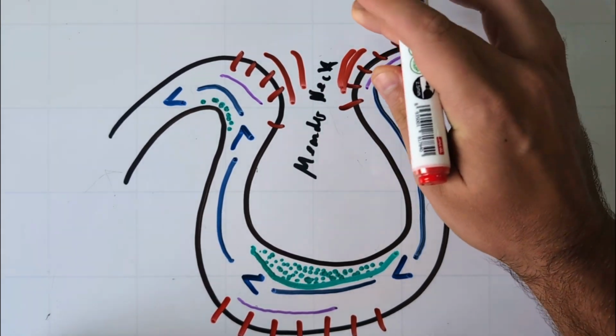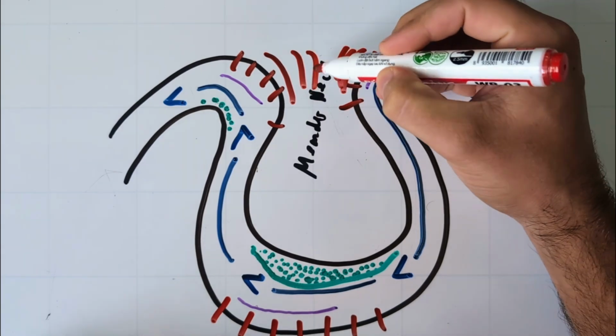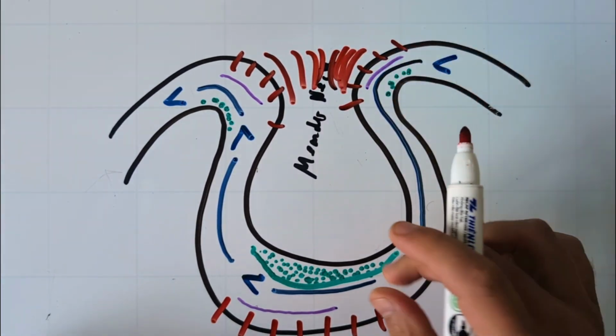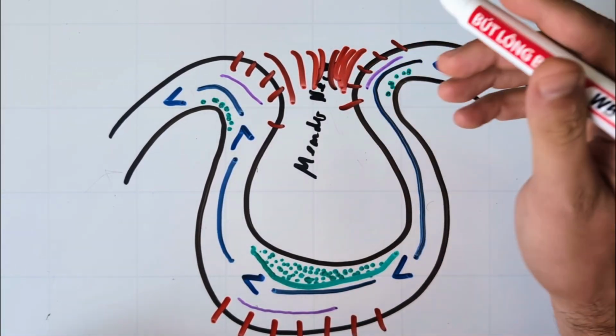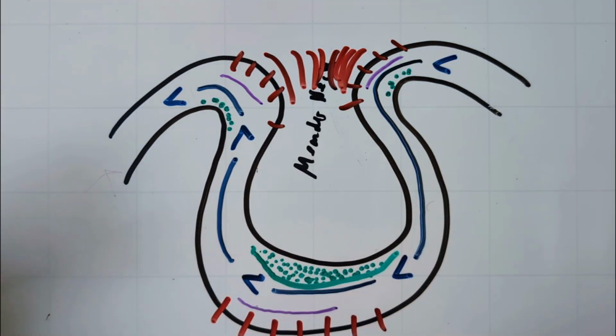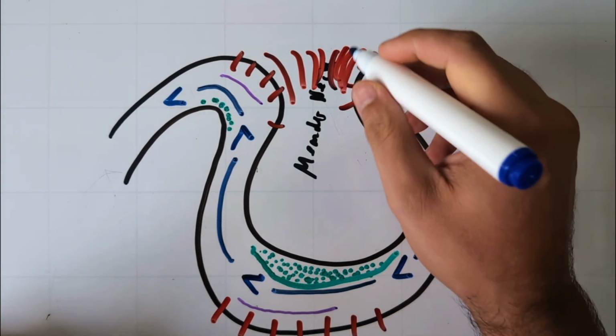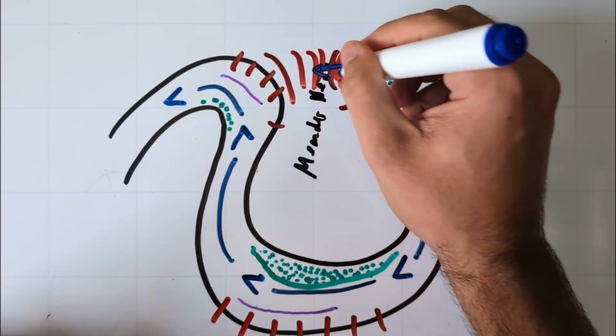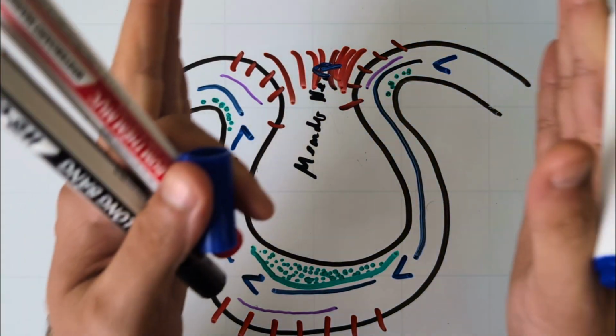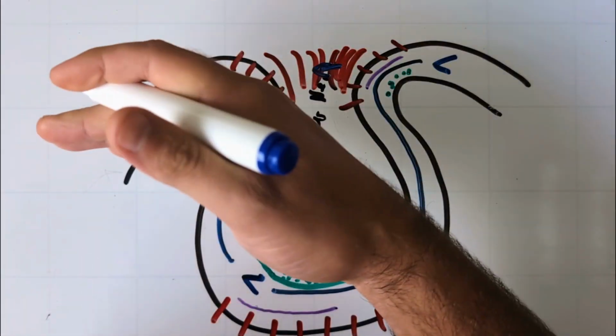The meander neck gets thinner and thinner and thinner, and eventually what happens is that during a flood or over a long period of time, the water will break through here, okay? As the meander neck gets narrower and narrower, eventually it breaks through.